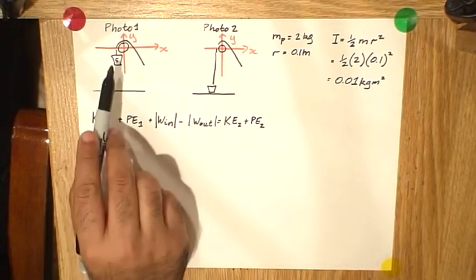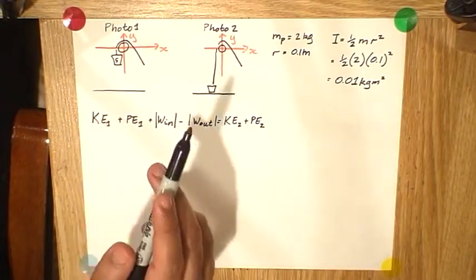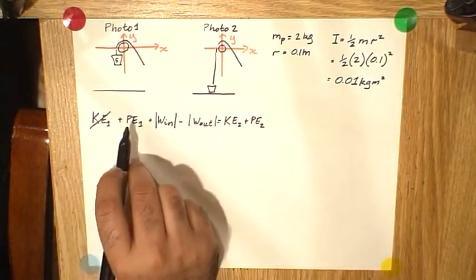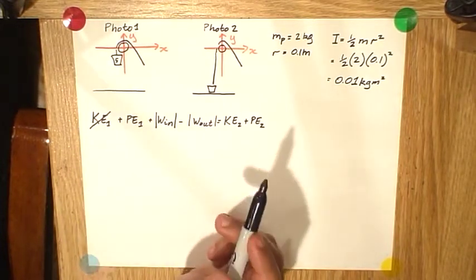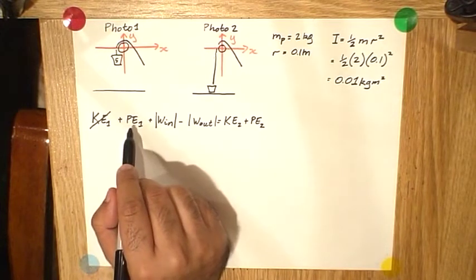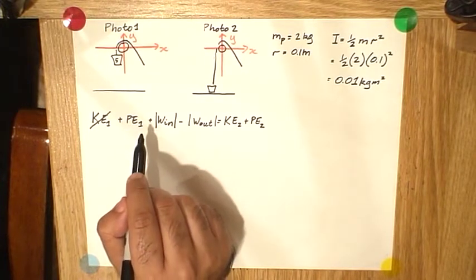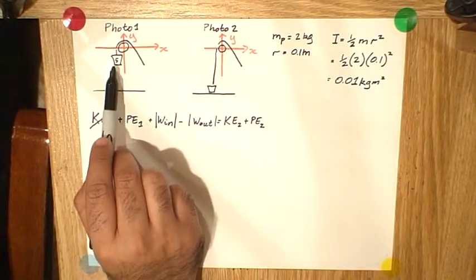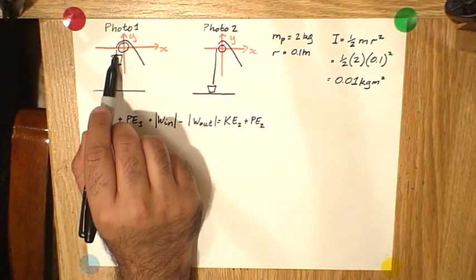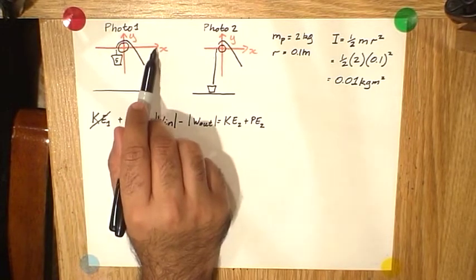Now, initially the bucket isn't moving, the wheel isn't moving, there's no KE1. But the bucket is elevated and we don't know at what height. So what PE1 is, we don't know. Or maybe a better way to think of it is actually PE1 is going to be 0. And the reason why I say that is that this bucket is very close to the x-axis.